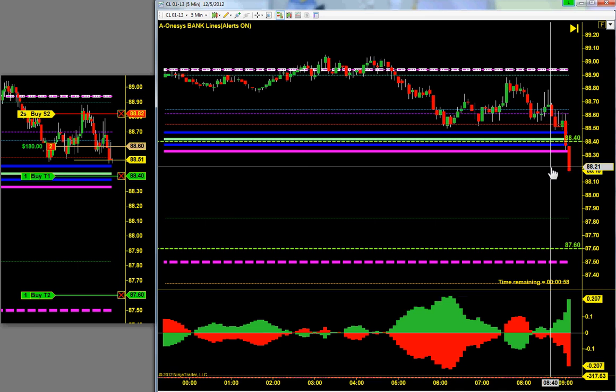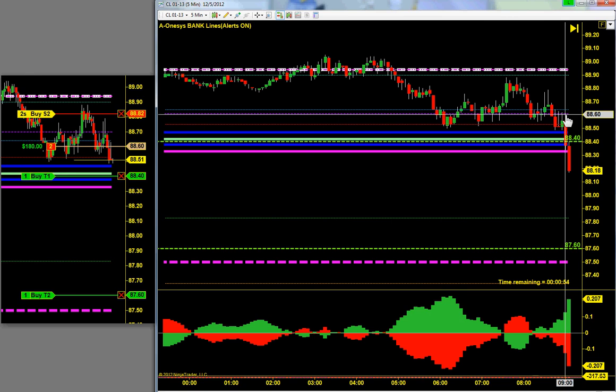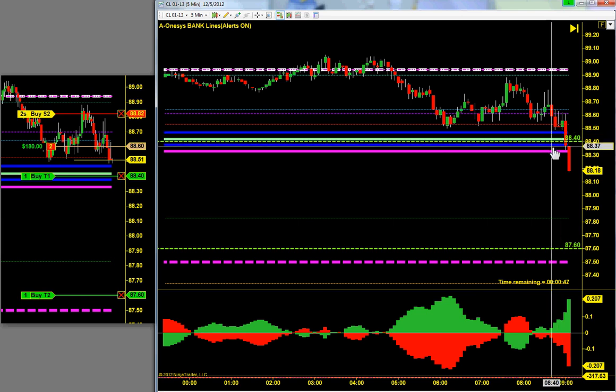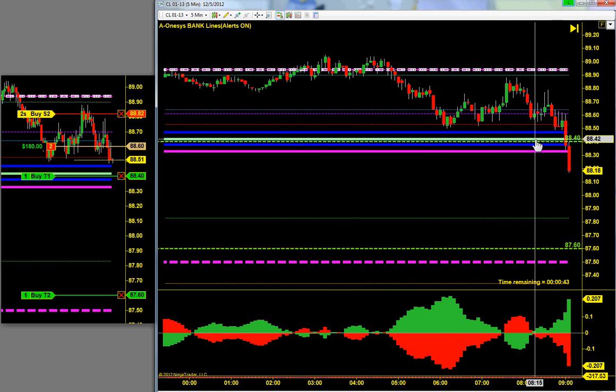Okay, it's a little bit held by magenta, but it finally came down. Let me show you bigger here. You see this, it's rejected here, and so I hit my first target, and then a big rejection of the magenta as well.